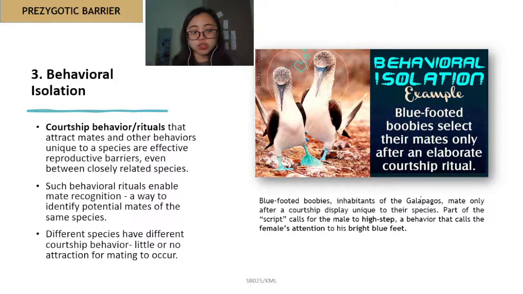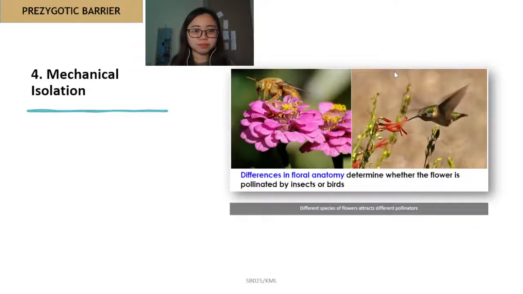So part of the script will call for the male to do a high step, a behavior that calls the female attention to his bright blue feet. If the male is not able to do that, the female is not going to take notice of him. Or if a male does that to a different species, that different species of bird will not know what this blue-footed booby is actually doing. So that is an example of behavioral isolation.